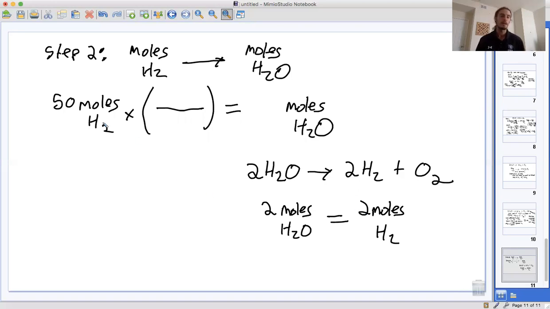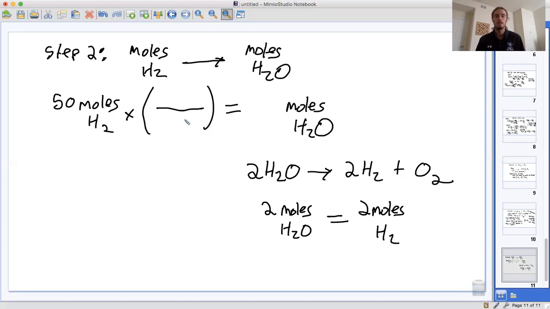But we're not talking about 2 moles. We're talking about having 50 moles of H2. How many moles of water would that be? Well, you just have to look at the ratio between water and H2. The ratio between water and H2 is this conversion factor. I want H2 to cancel. I want to end up with water.